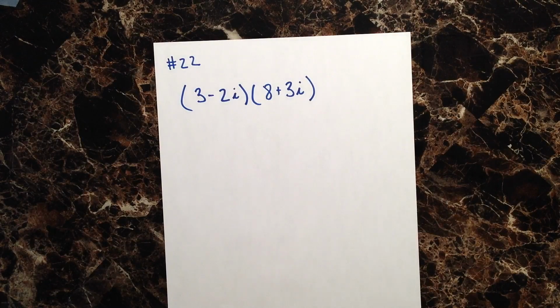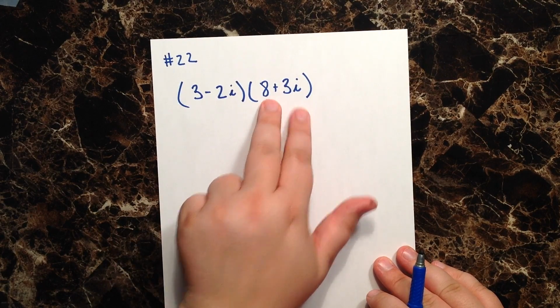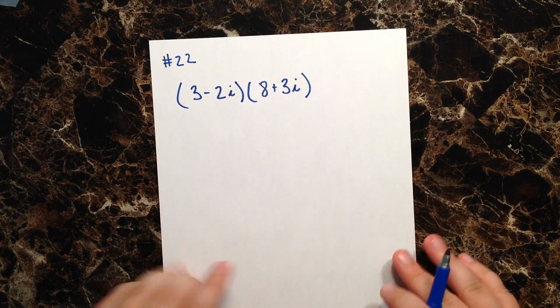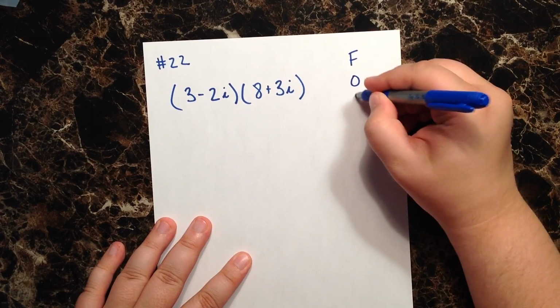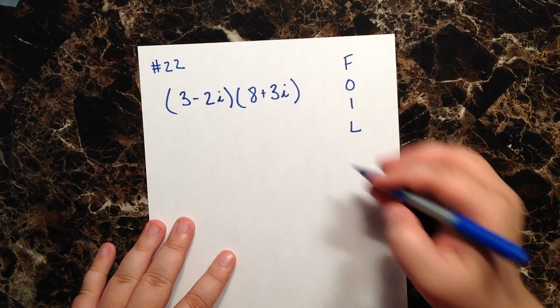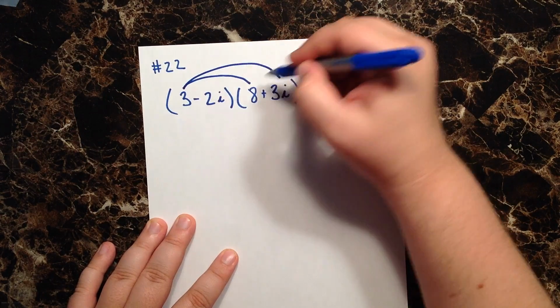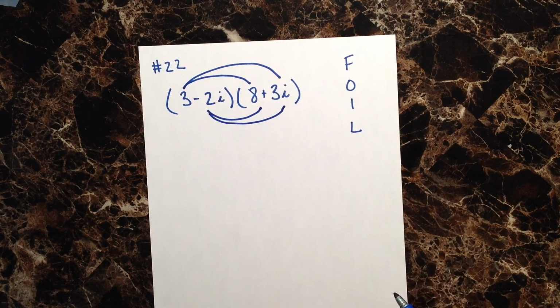All right. So we have two terms and two terms. So this is a binomial times a binomial. And what do we do when we're multiplying two binomials together? We FOIL. All right, so first, outer, inner, last.